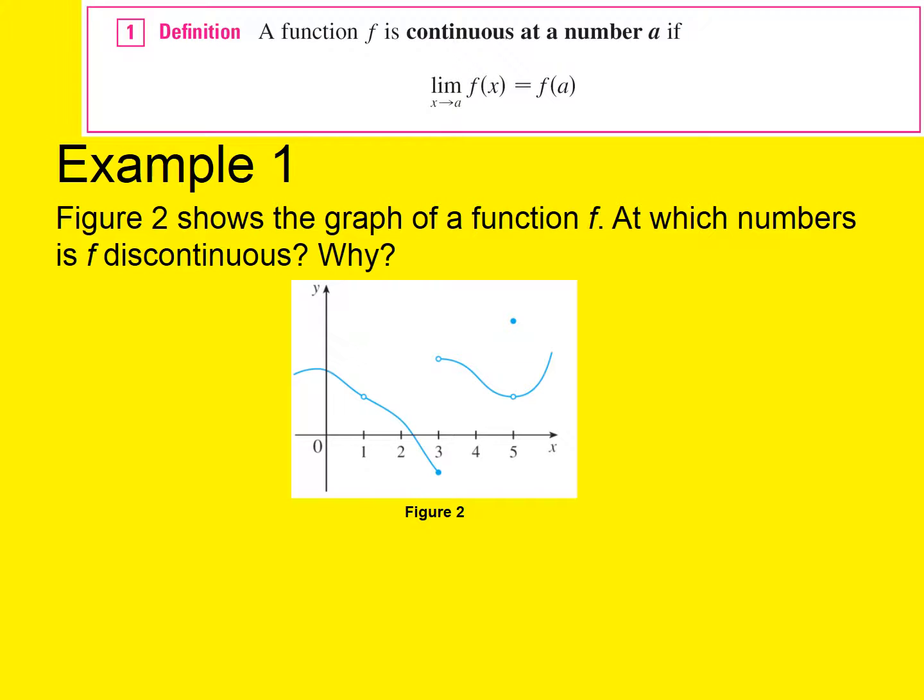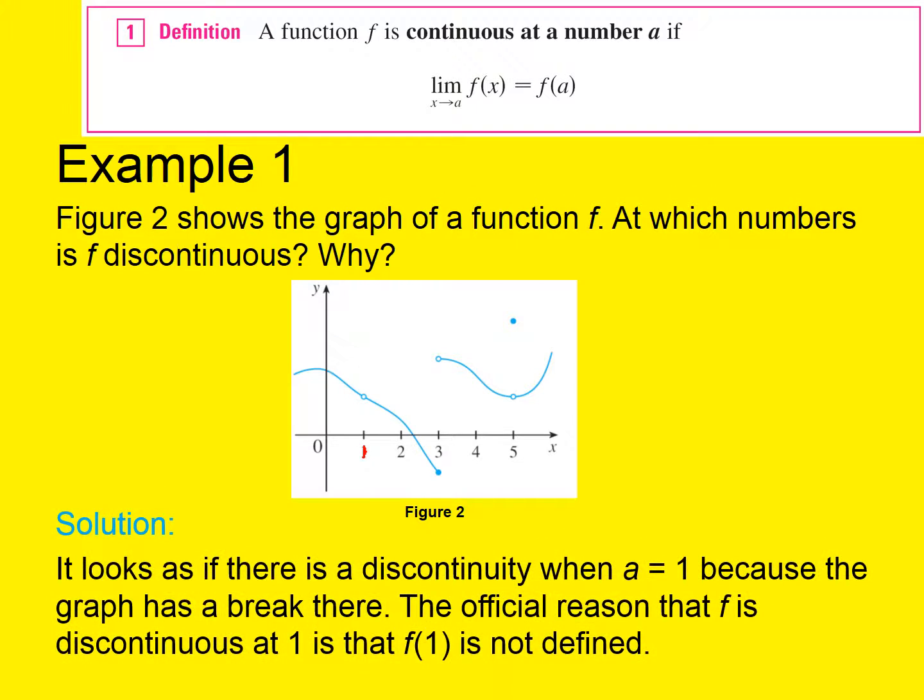But we're not talking about limits now, we're talking about continuity, and now it does matter what happens at x equals 1. It looks like a discontinuity at a equals 1, because the graph has a break there. There's a hole in it.